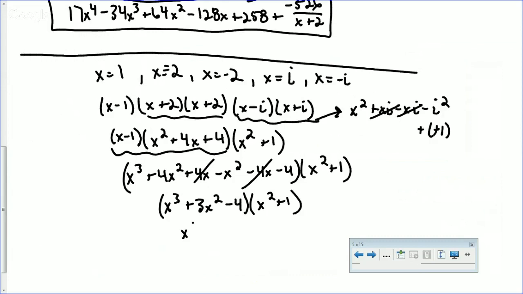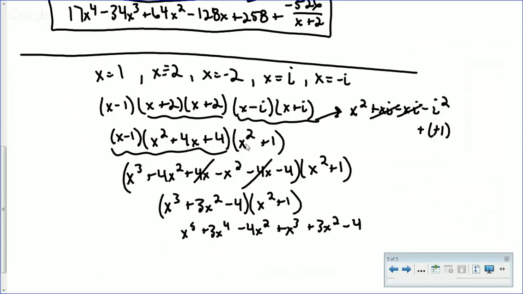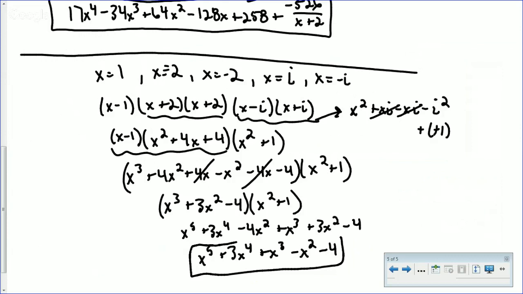So you have x to the fifth plus 3x to the fourth minus 4x squared plus x to the third plus 3x squared minus 4. And then combine like terms. So x to the fifth plus 3x to the fourth plus x to the third minus x squared minus 4. And there you go.